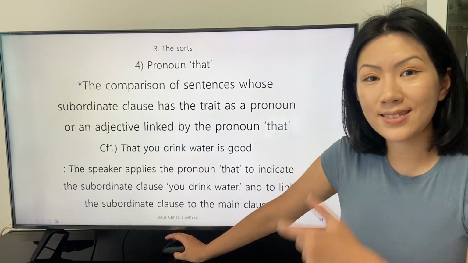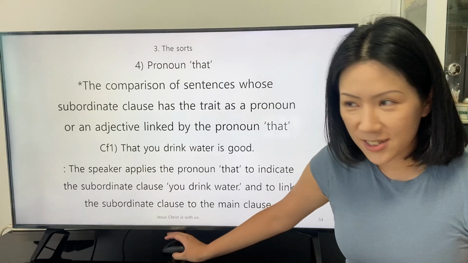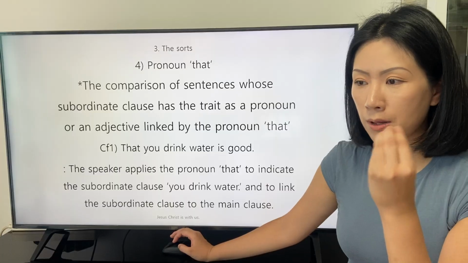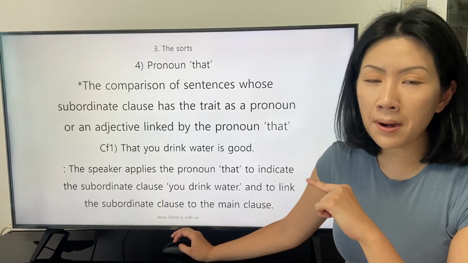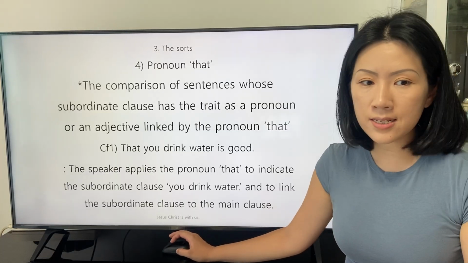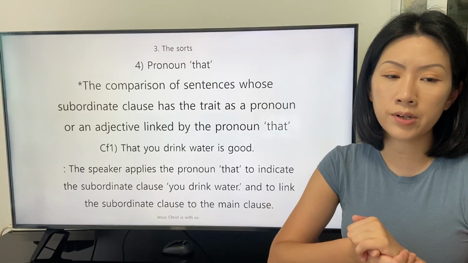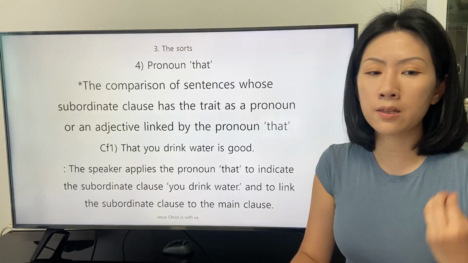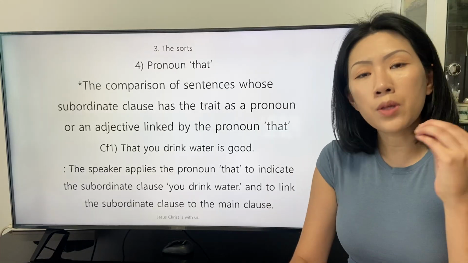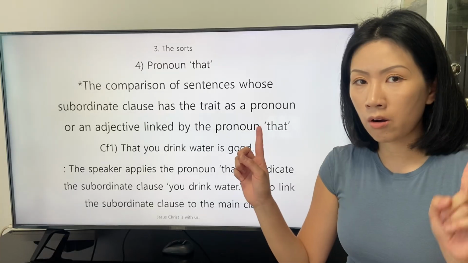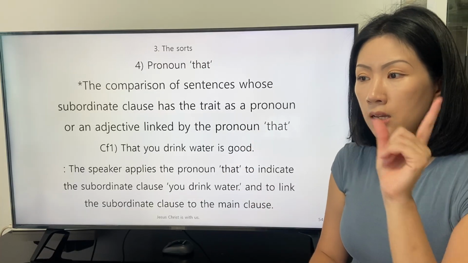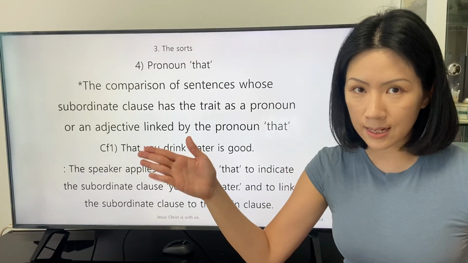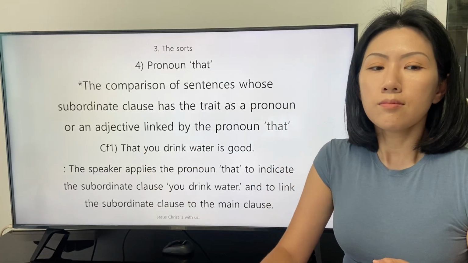There is an important comparison. This comparison is about the sentences whose subordinate clause has the trait as a pronoun or an adjective linked by the pronoun that. Even though the subordinate clauses are linked by the pronoun that in common, they can have a different trait in each sentence.